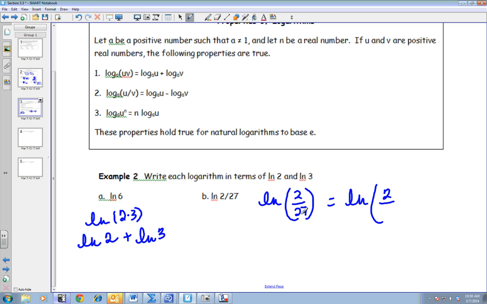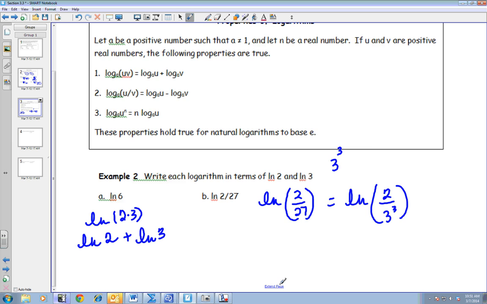But how can I write 27 using only the numbers 2 and 3? Well, 27, do you see that 27 is 3 times 3, which is 9, 9 times 3, which is 27. 27 is 3 to the third. So I'm going to rewrite 27 as 3 to the third.